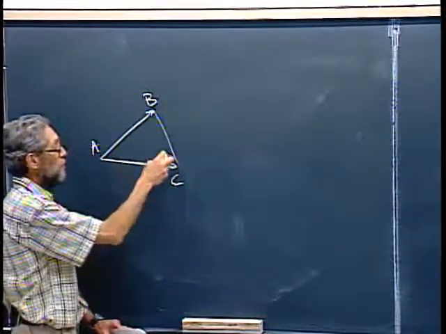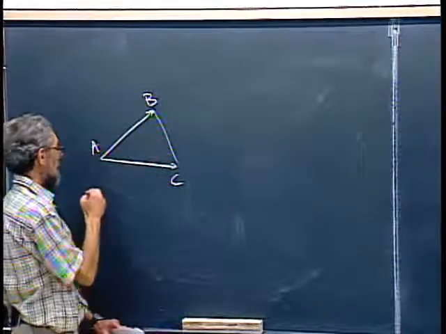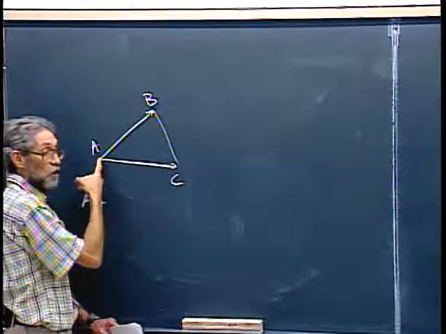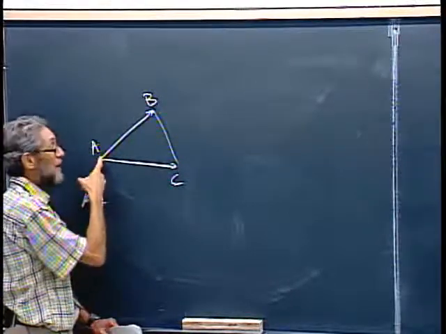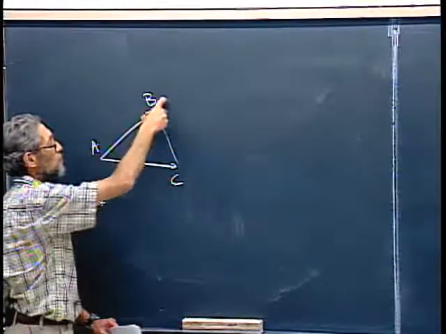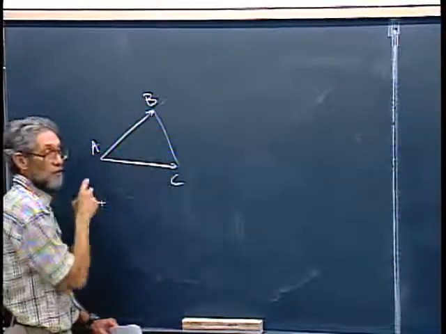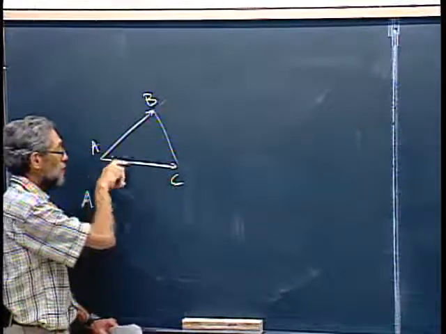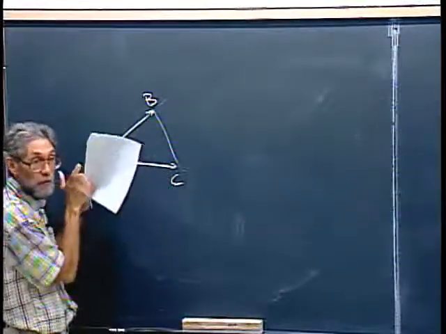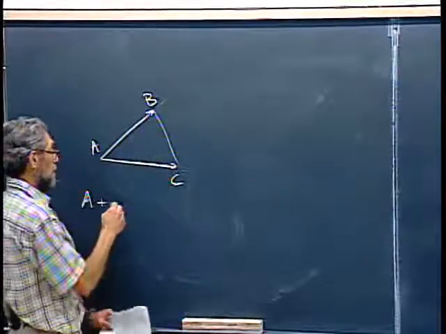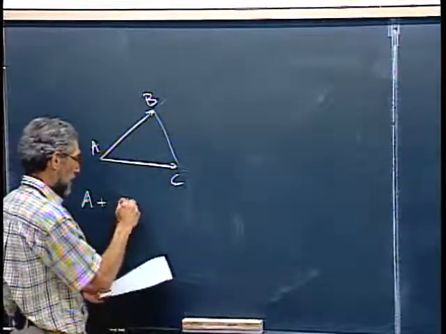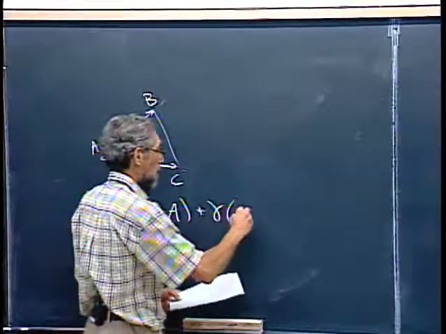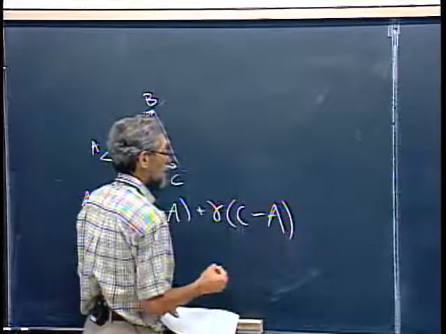Right, so any point on the plane is A, a given point on the plane, and then we can have a certain multiple of this direction and another multiple of this direction, and that will give us any point on that plane, right? Because these two vectors are sort of basis vectors for moving along that plane. So we can think of it as beta times B minus A plus gamma times C minus A.